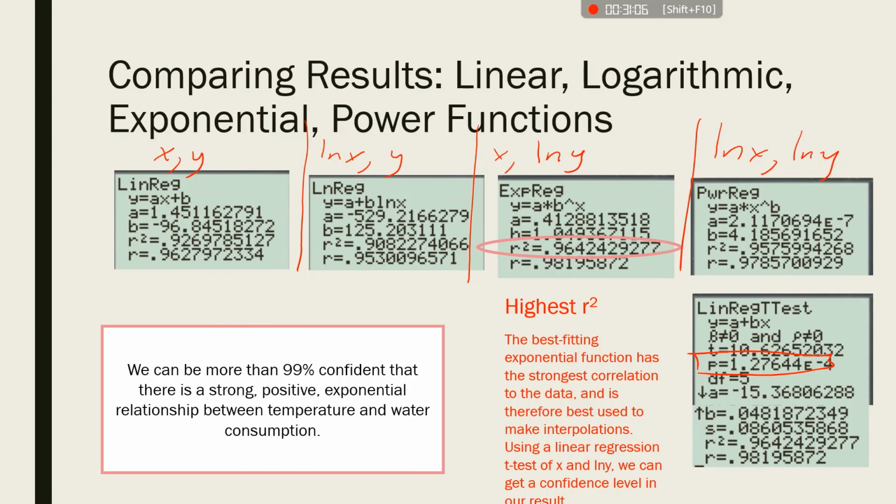Because it is not very probable that this relationship could happen randomly, I could say that we are more than 99% confident based on our p-value that there is a strong, because 0.96 is above 0.6, positive because our r is positive, exponential because that was our strongest relationship to the data, relationship between temperature and water consumption, which means the hotter it is outside, our water consumption will increase exponentially. And then we can use this function to make predictions for how much water consumption I will need for my apartment based on the temperature outside.